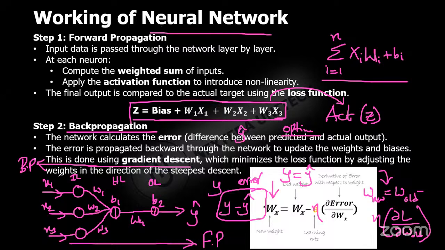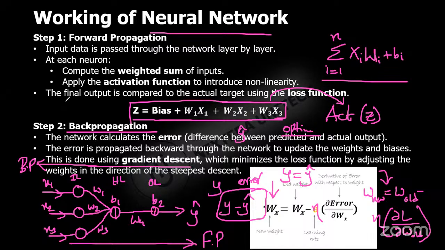One forward propagation and one backward propagation is called one epoch. I repeat, if the weights are getting updated once, it is called an epoch.